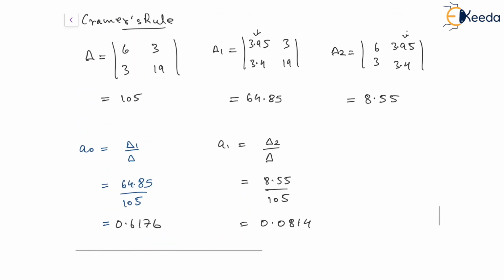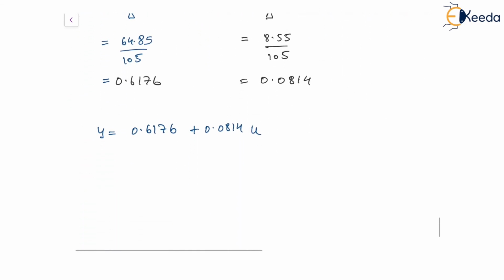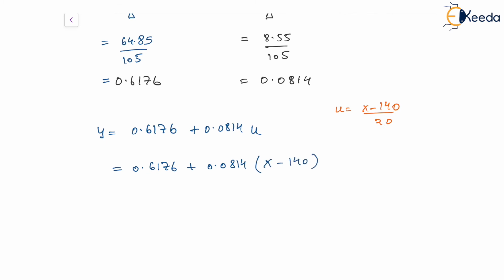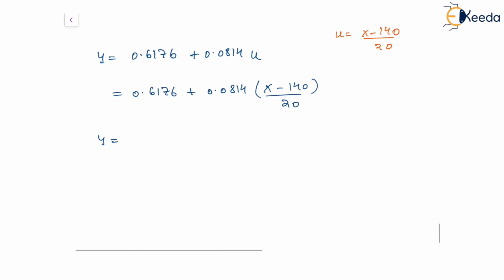Now we have already said that u is x minus 140 over 20. So just substituting that value here, we'll have 0.6176 plus 0.0814 times x minus 140 over 20, which will become y equal to 0.0478 plus 0.004x.